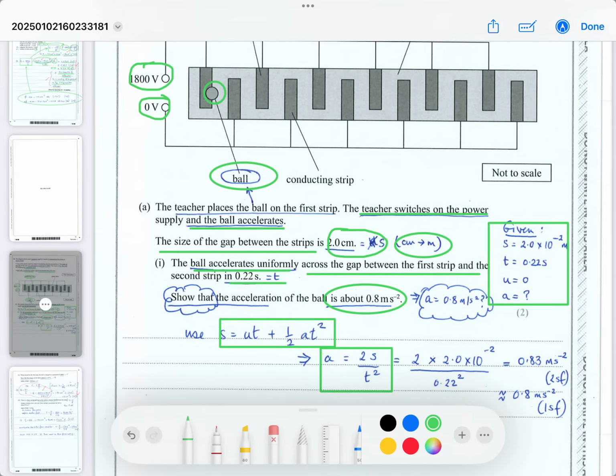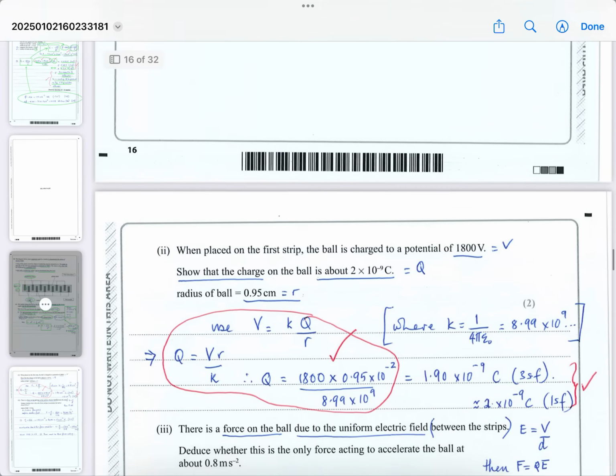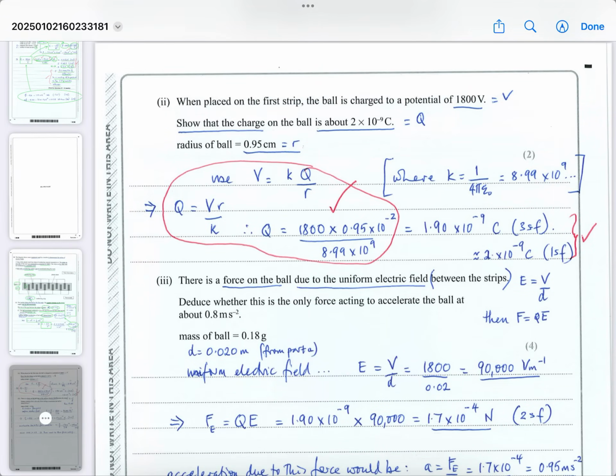Put the numbers in, and you'll see that the acceleration to two significant figures comes to 0.83 meters per second squared, and to one significant figure it's 0.8, which is what we were meant to prove. It is correct. Okay, so this is a good analogy to a linear accelerator, which they're going to go into in a moment. But first they want you to think about what's actually happening.